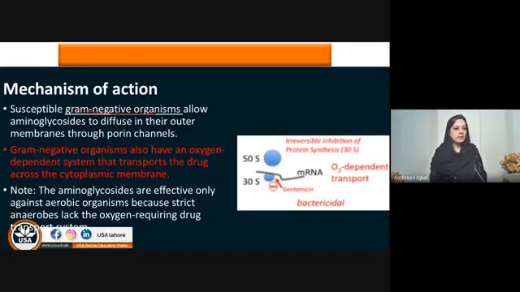While the gram-negative organisms, we said, have an oxygen-dependent transport system, and this system allows these drugs to cross through the membrane, and then the drug goes inside the bacteria. I'm again and again saying aminoglycosides are effective only against gram-negative aerobic organisms, because strictly anaerobes lack the oxygen-dependent system, so they are not going to work against them.